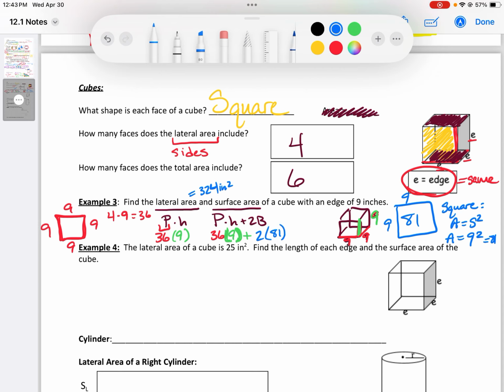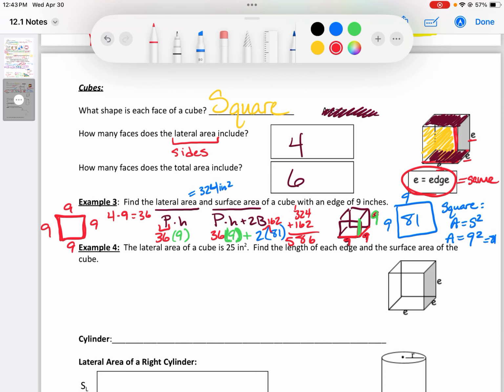So we're going to say plus 2 times 81. 2 times 81 is 162. So we've got 324 plus 162, and it equals 586. Now again, this is an area, so we've got our units.